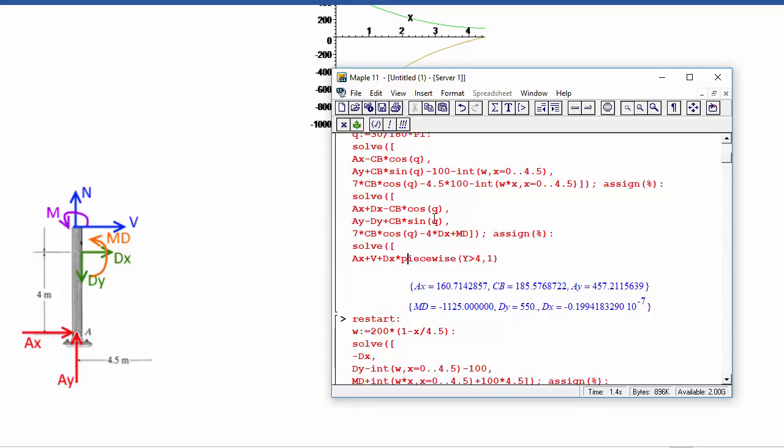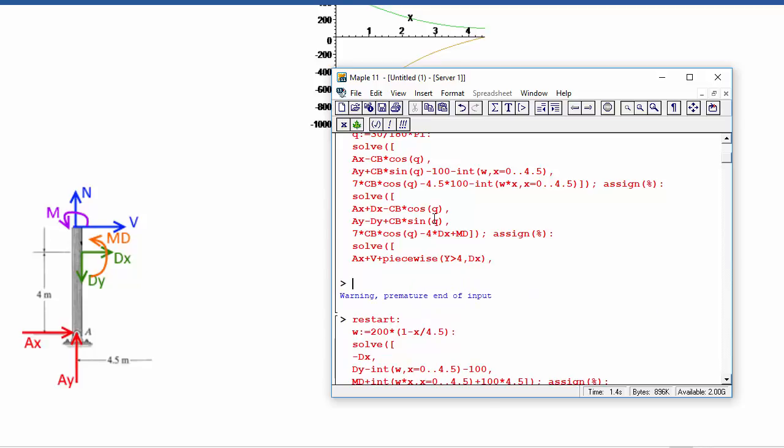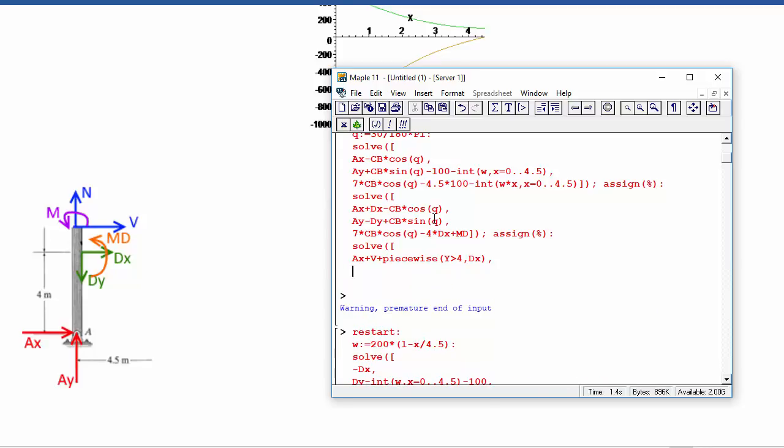Or you could try piecewise y is greater than 4, dx, and then that's only going to be added in that way. That's fine too. Okay, what else? In the y direction, we've got ay minus dy plus n, but again, we only want to be subtracting dy if y is greater than 4.